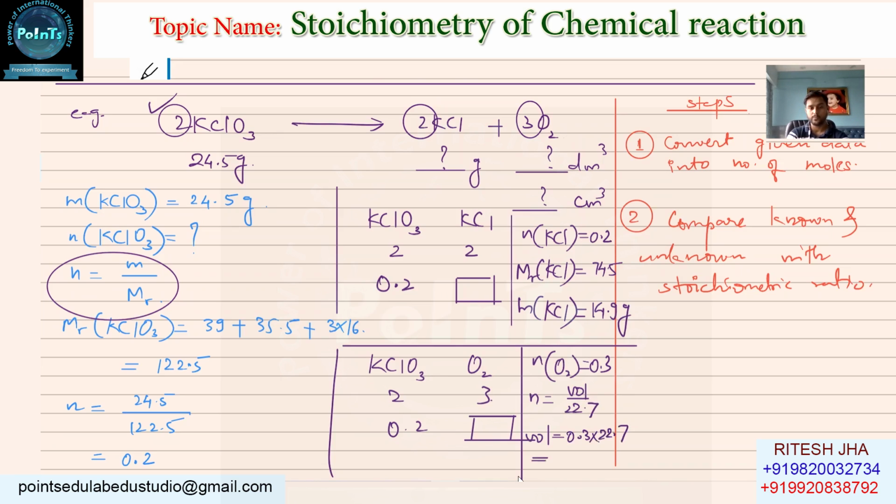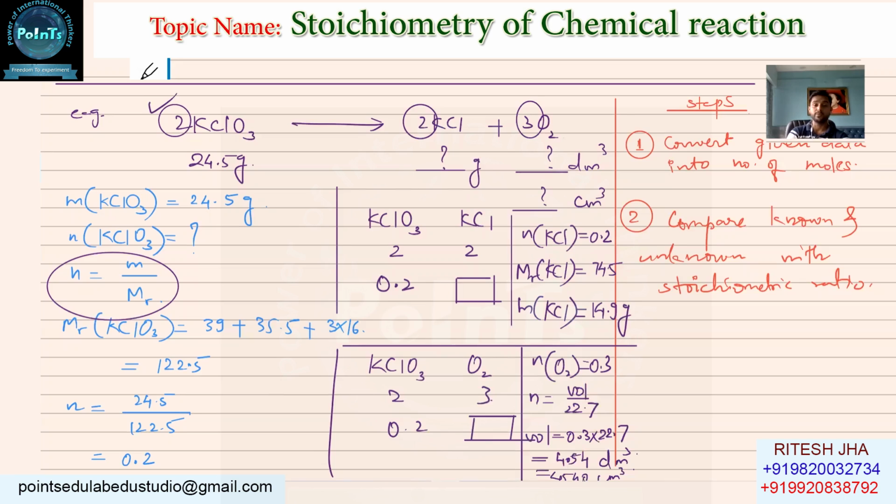What is the answer that you are getting, guys? 4.54. When you multiply this by 1000, that will give you the answer in centimeter cube, 4540 centimeter cube.